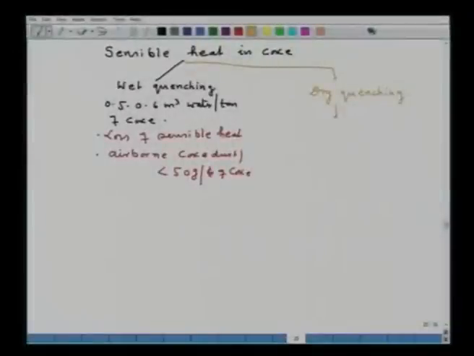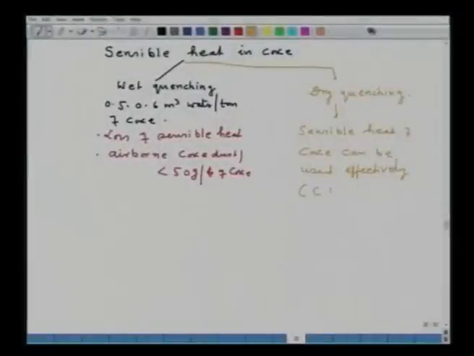So in dry quenching, the sensible heat of coke can be used very effectively. All that you have to develop is a system where heat can be stored and then reused.